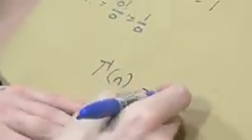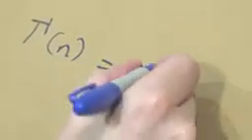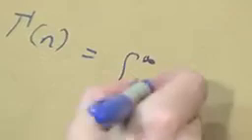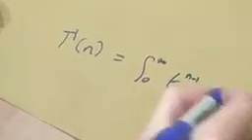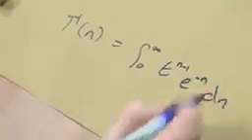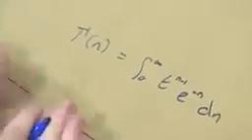We call it gamma, that's the Greek letter gamma. Now this is getting a bit more sophisticated. We say gamma of n is equal to the integral between 0 and infinity of t to the power n minus 1 multiplied by e to the power minus t, dt. Some of you will be familiar with that, some of you won't be.